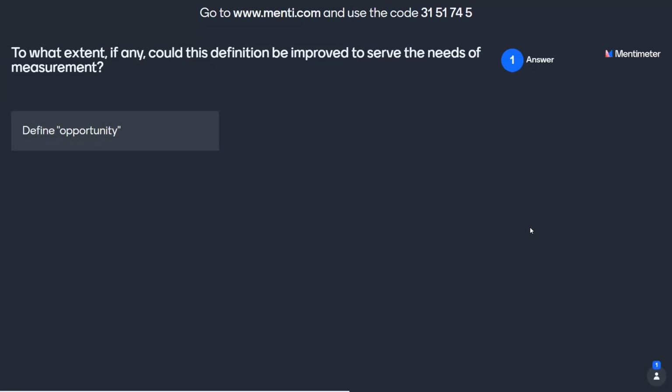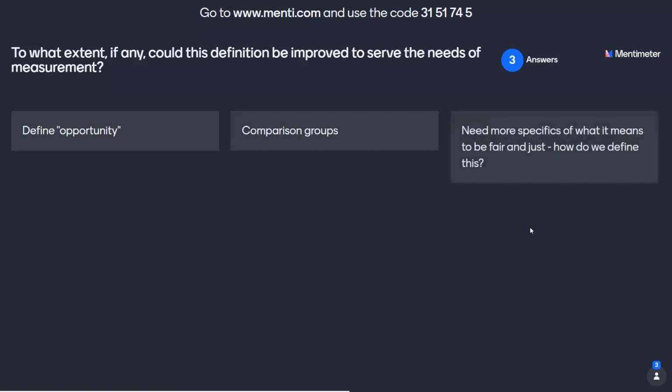Okay, so we have one answer so far. Define opportunity. That's true, right? A lot of people agree that equal opportunity is a way toward a more fair society. But what exactly does equal opportunity mean, or what exactly does opportunity mean generally?